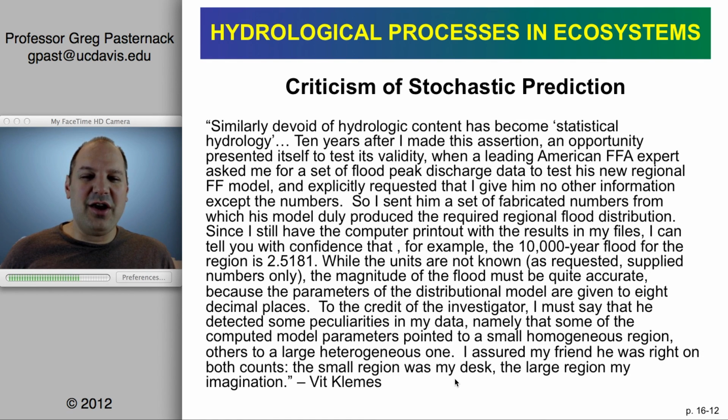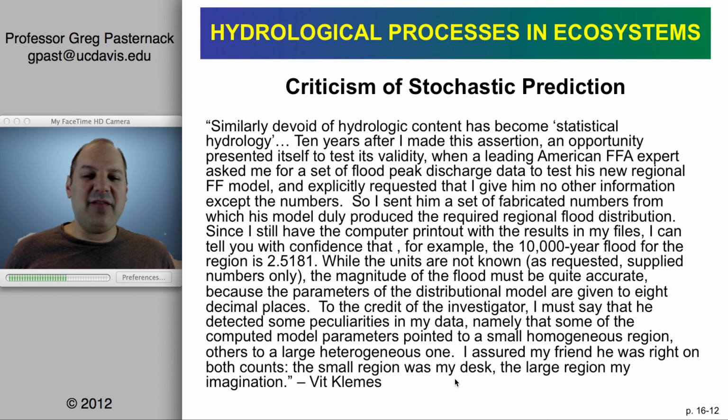When a leading American flood frequency analysis (FFA) expert, that's a stochastic modeler, asked me for a set of flood peak discharge data, so real data, to test his new regional flood frequency model, and explicitly requested that I give him no other information except the numbers themselves.